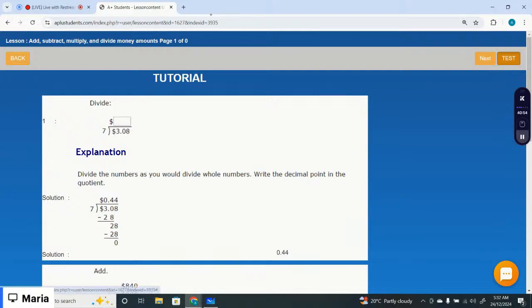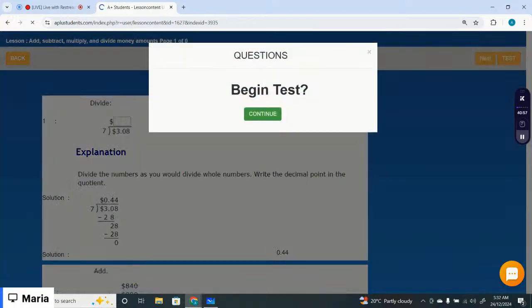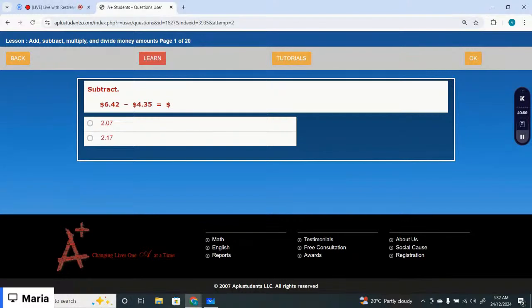Let's just start with the test questions. 6.42 minus $4.35, which is the correct option?